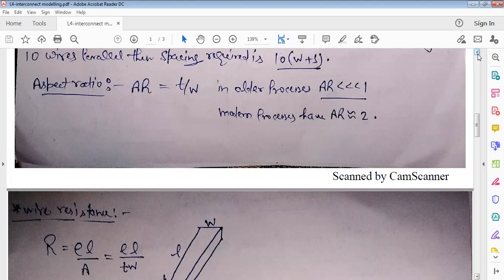But in modern processes, an aspect ratio of around 2 is maintained, which means that the thickness of the wire is 2 times the width of the wire.